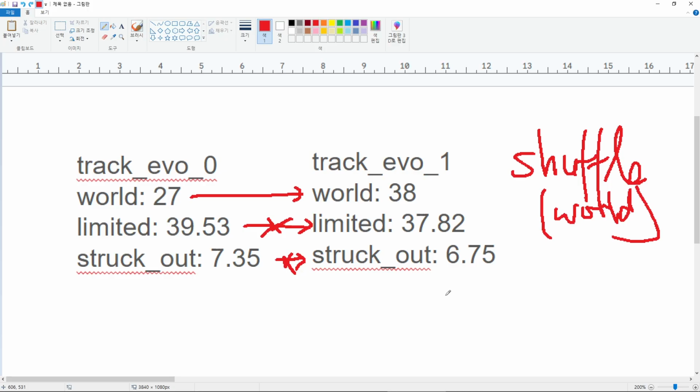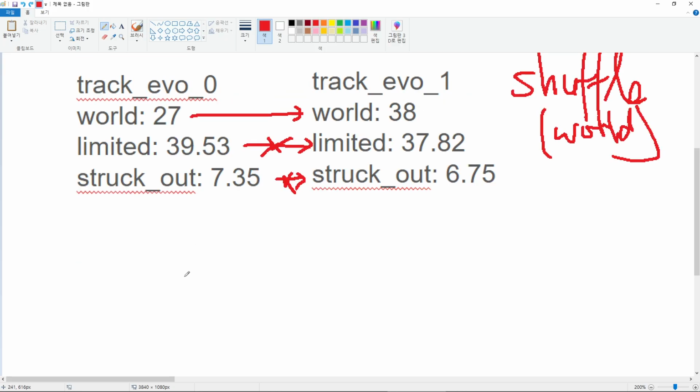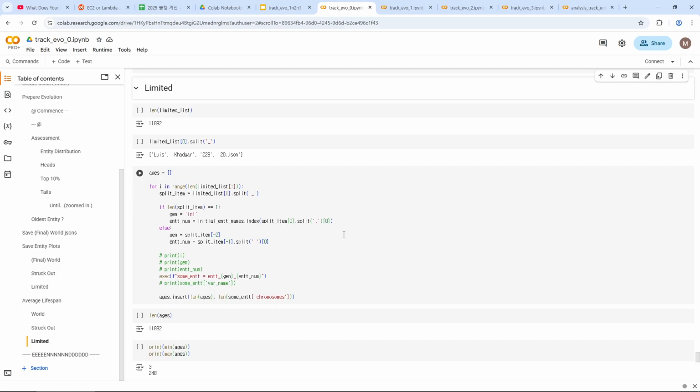And it doesn't harm the overall plateau or peaks, or the overall average level of plateaus or peaks.